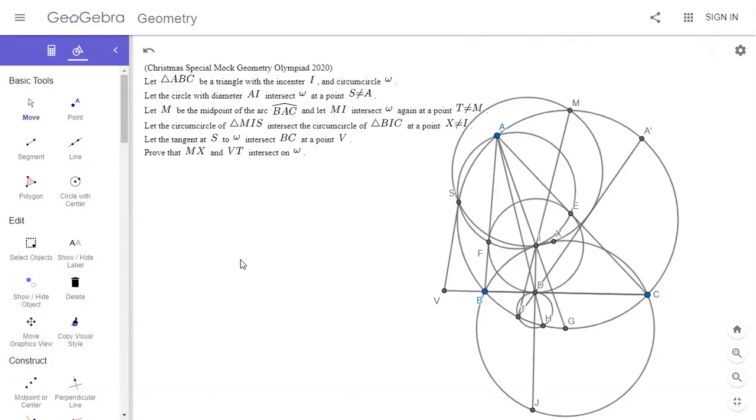Yeah, actually, this line TM and line TD are isogonal with respect to angle BTC. Lines TM and TA prime are isogonal with respect to BTC.